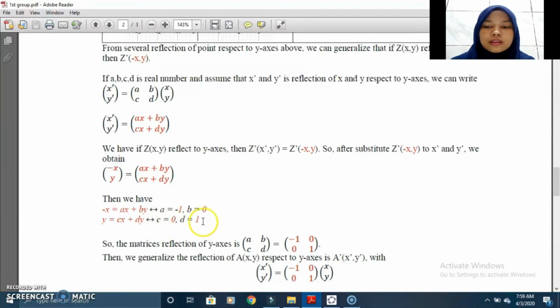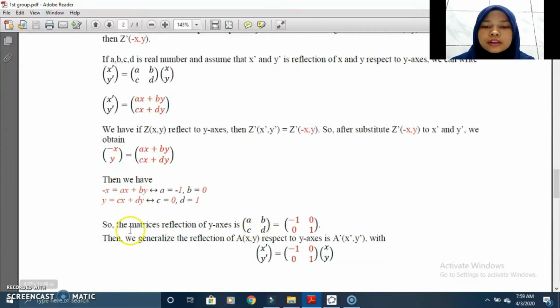So the reflection matrix with respect to the y-axis, ABCD, equals minus 1, 0, 0, 1. Then we generalize: the reflection of A with coordinates x, y with respect to the y-axis is A' with coordinates x', y', as the result of multiplying the matrix minus 1, 0, 0, 1 times the matrix x, y.